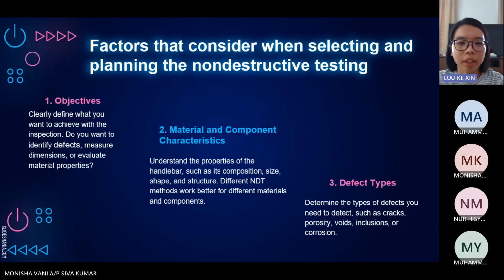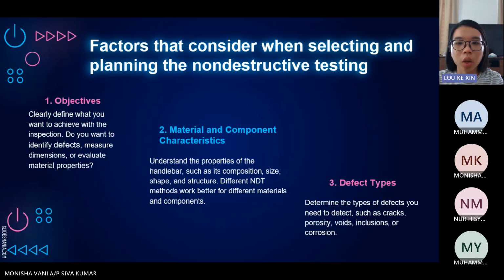Now I would like to present the factors to consider when selecting and planning non-destructive testing. First, the objective: clearly define what you want to achieve with the inspection. Do you want to identify defects, measure dimensions, or evaluate material properties?